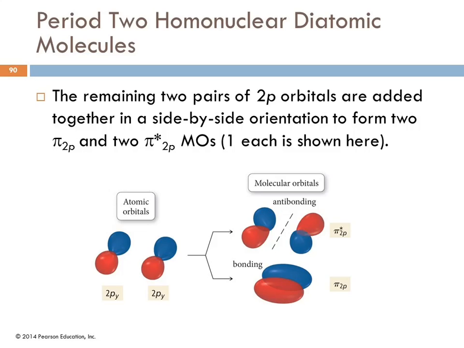The remaining pairs of orbitals also get added together, but they're going to look a little differently. So here's py, and when we add these two in phase, we get a big negative lobe over here and a big positive lobe over there. Is that going to contribute to bonding? Is there electron density between the two atoms?